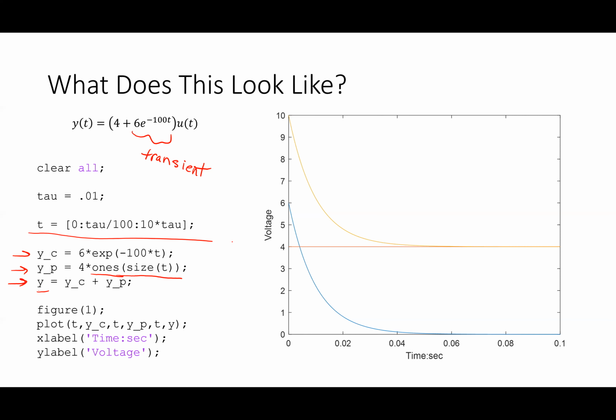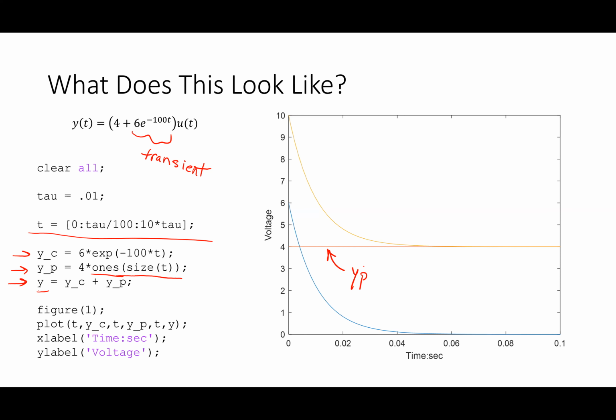So looking at this picture right here, you guys tell me which one of these is y sub c, which one is the transient response, which one's the steady state response, and which one's the total response. So I got the blue, the yellow, and the red. Which one is which? Which one is the steady state, the particular? The red one, right? This guy is yp, just a constant, equal to 4.